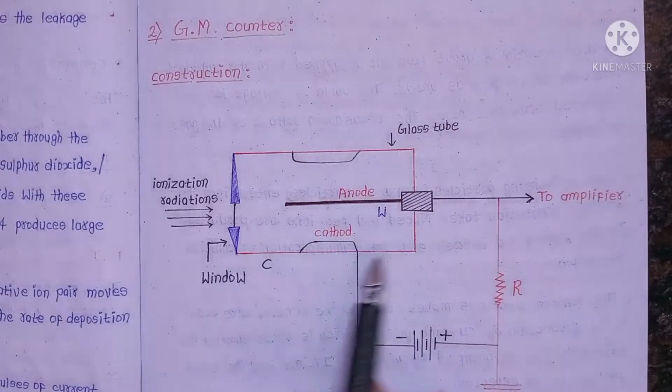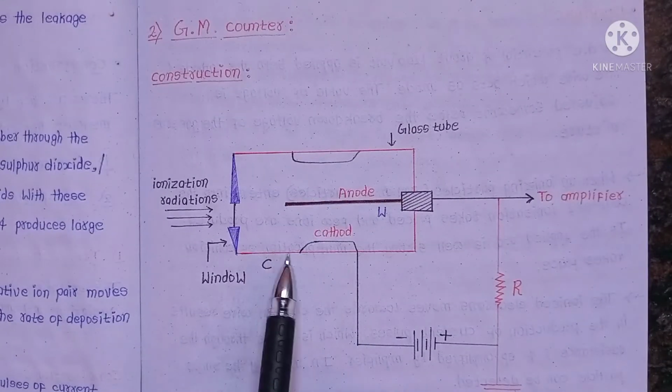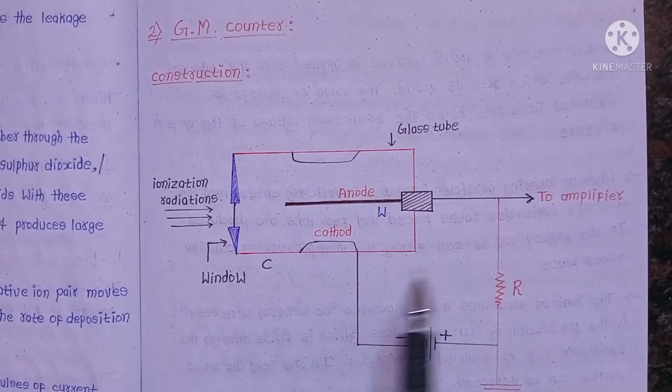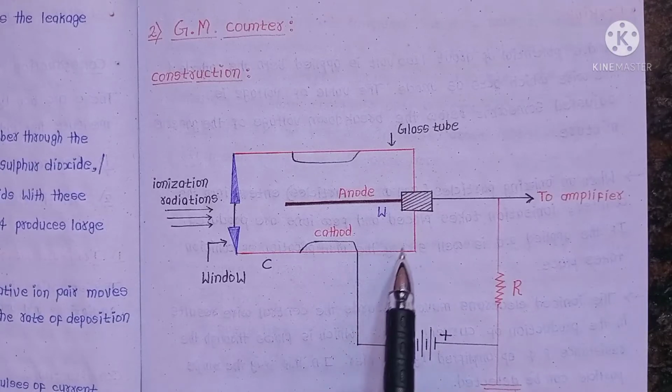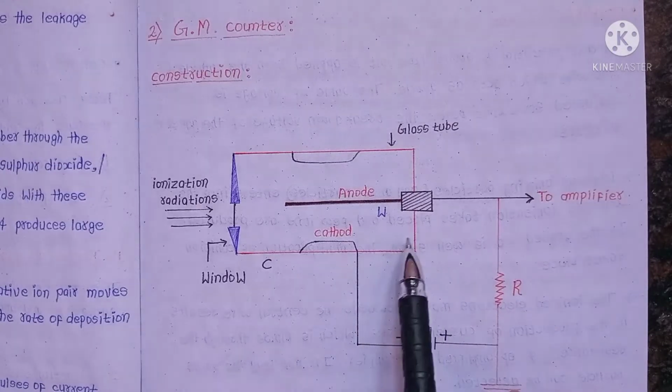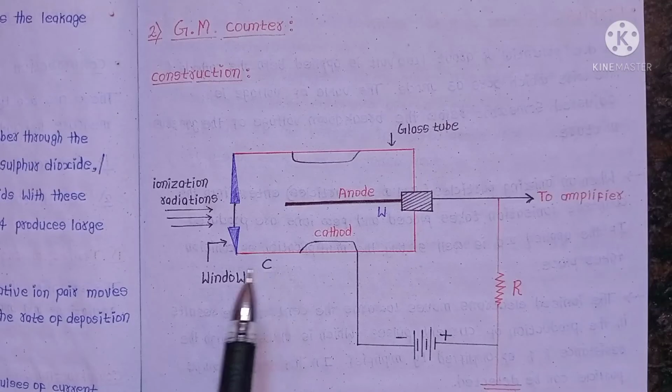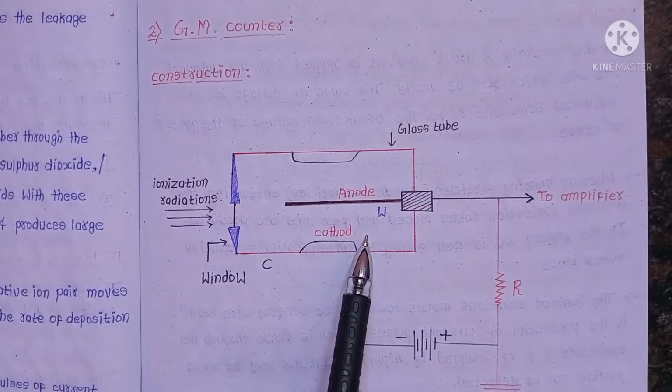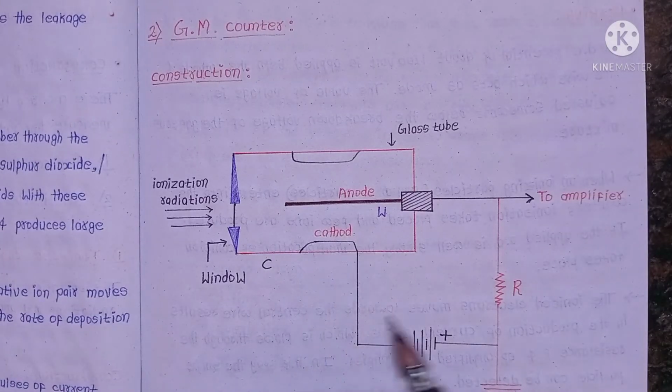So basically this GM counter is filled with a mixture of gases in which 90% argon is at 10 centimeter pressure and 10% ethyl alcohol vapor is at 1 centimeter pressure.